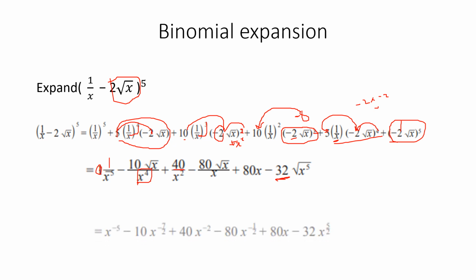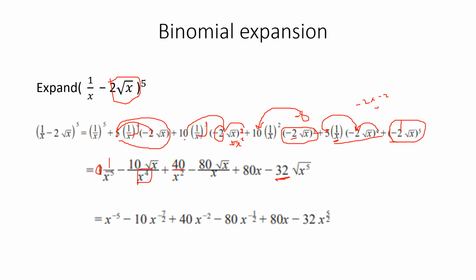So let's continue. You want to simplify the whole of the things here. We have this being written as the inverse, right? So in the inverse form it is x exponent negative 5, and then we have 10 x exponent negative 7 on 2. So we are using indices here.